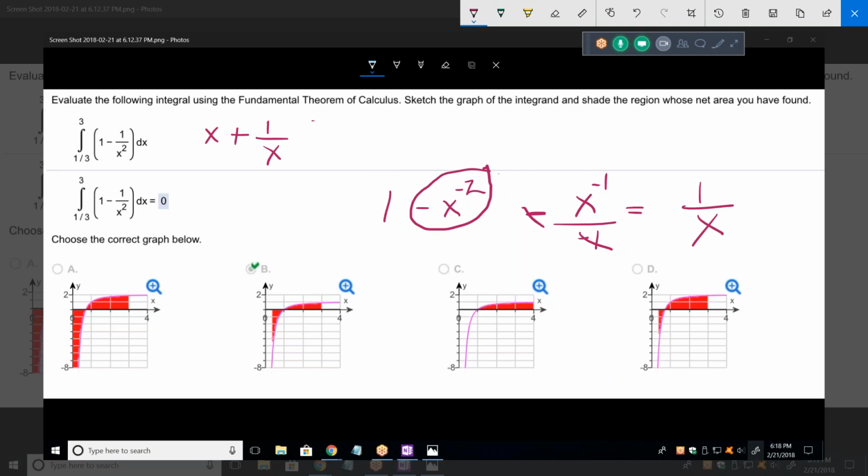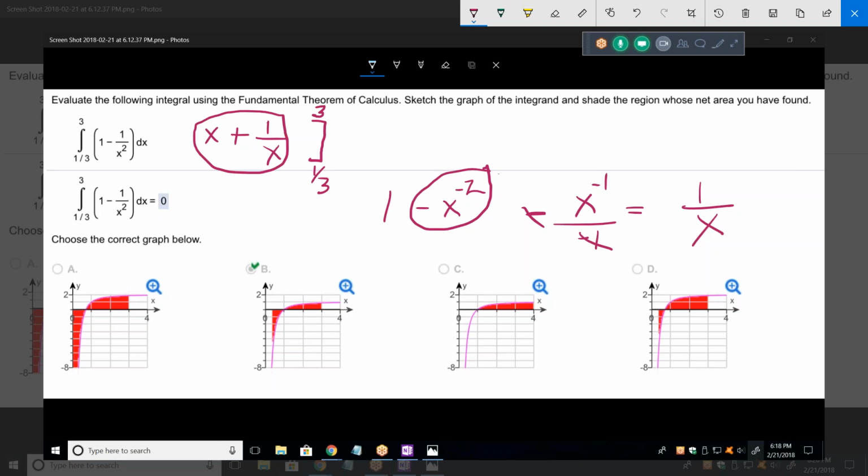And then to evaluate it, you're familiar with that sign? What that little right bracket means is evaluate this function at 3.